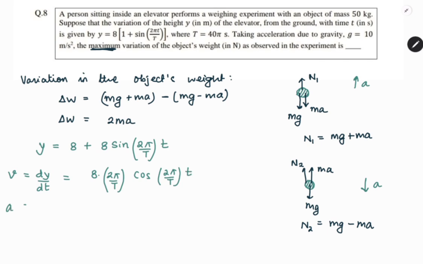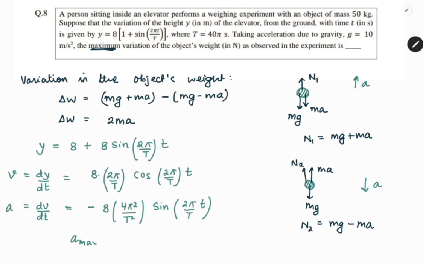And then if we write acceleration, acceleration is equal to dv by dt. The derivative of cos is minus sine, so minus 8 and then omega squared, so we get 4π² by T², and sine(2π by capital T times t). So this is the expression that we have.